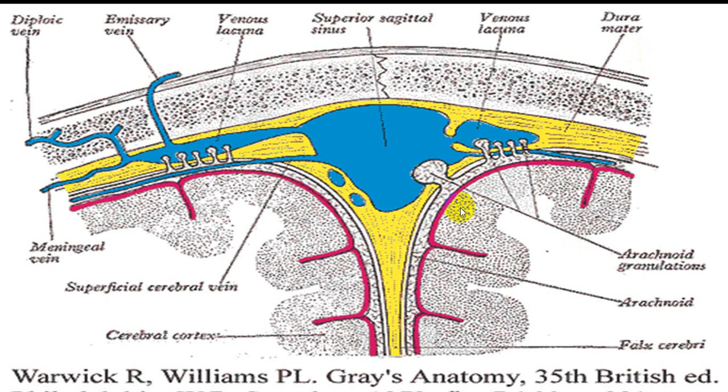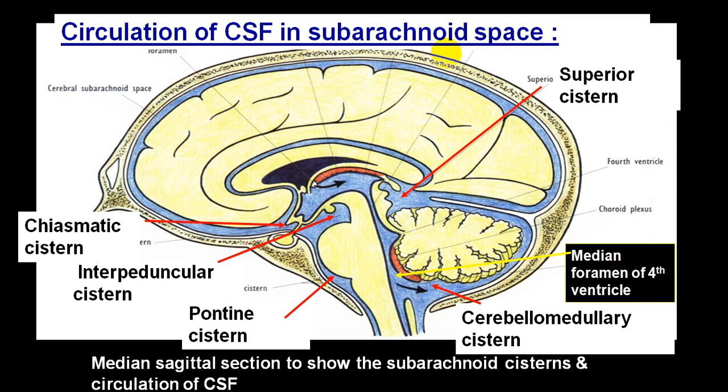So from the subarachnoid space it will be absorbed into the superior sagittal sinus. So this will be the circulation. You can see clearly from the lateral ventricles, it will come via the foramen of Monro into the third ventricle, aqueduct, fourth ventricle, central opening and lateral opening into the subarachnoid space, and then from the subarachnoid space it will be absorbed into the superior sagittal sinus.